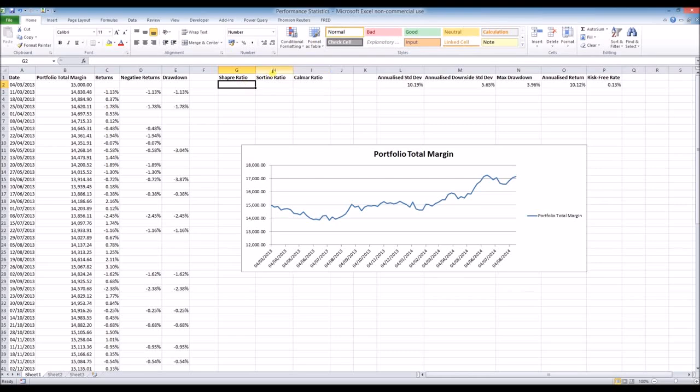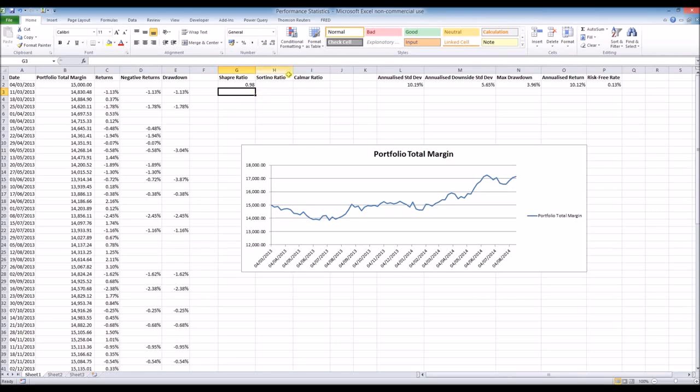So the Sharpe ratio is just the annualized return minus the risk-free rate divided by the annualized standard deviation figure. So we've got a figure there of 0.98.